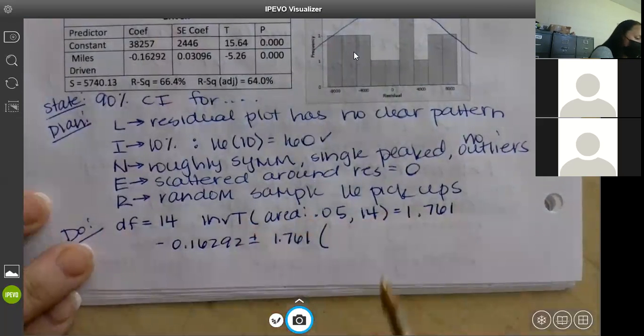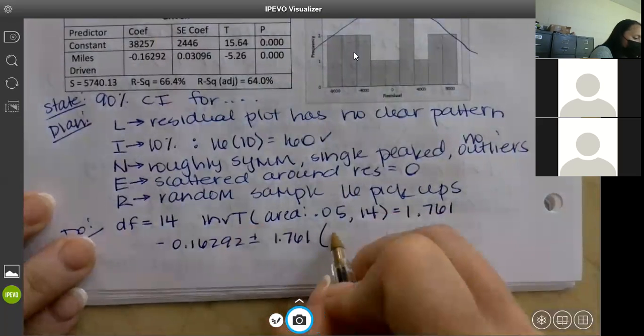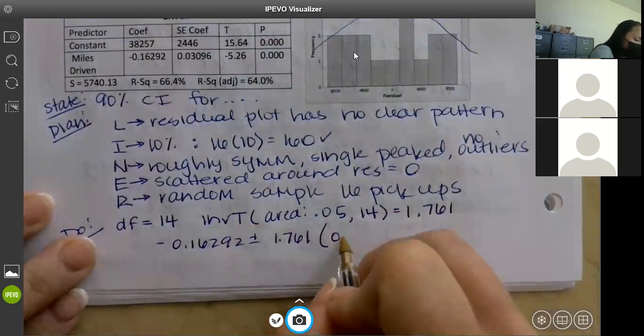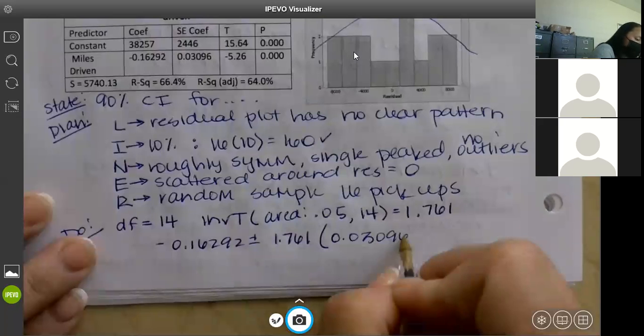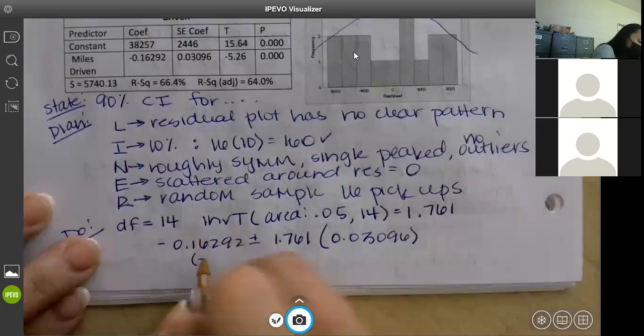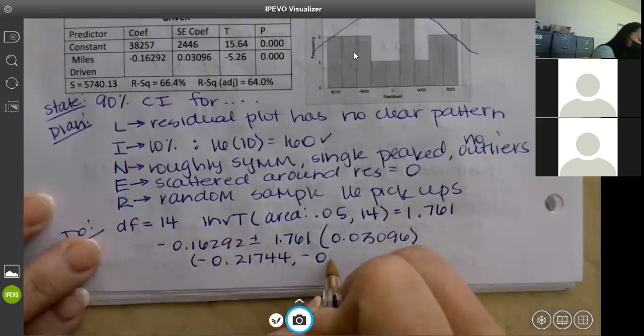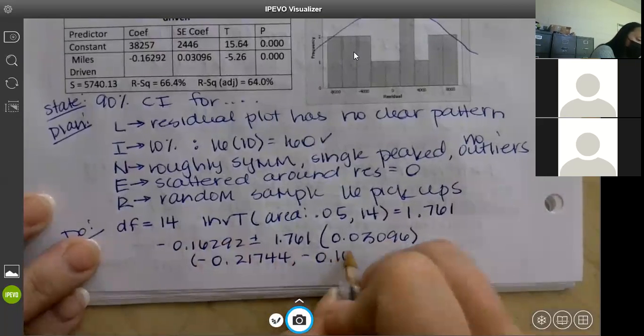What's your second number going to be? Perfect. That gives you an interval of negative 0.21744 to negative 0.10840.